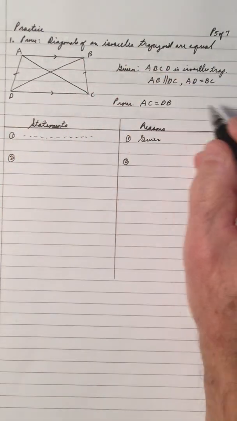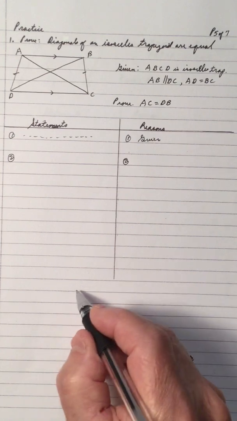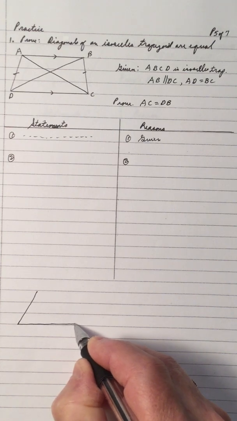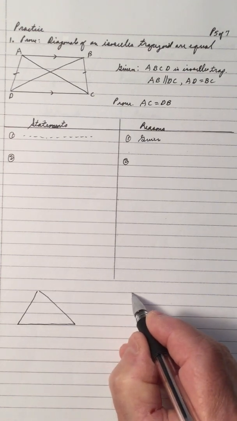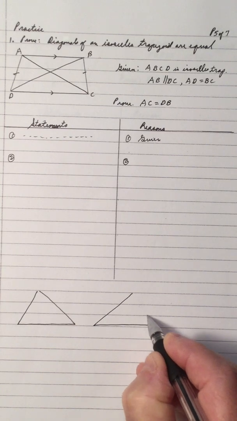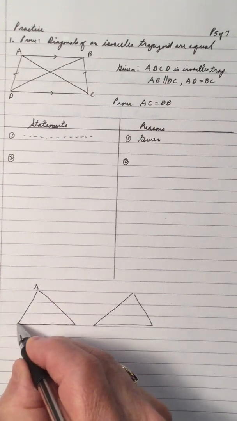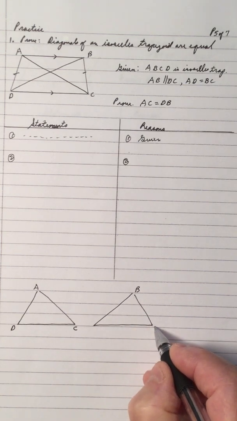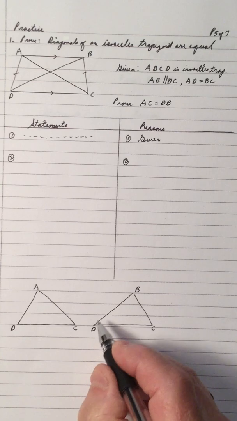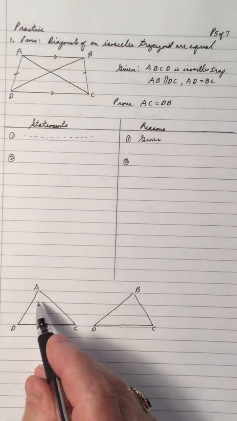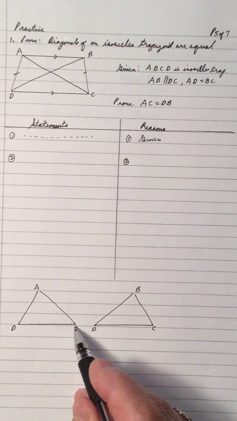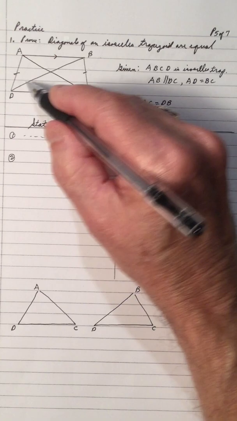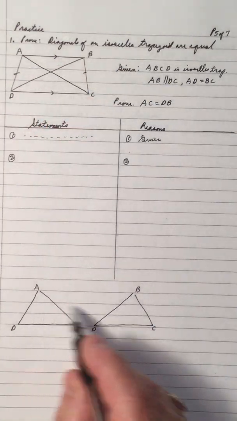Now, based on this, I'm going to separate them. I'm going to show you down right here. I'm going to draw this one. So this is ADC, and this is BCD. I'm separating these two triangles to show you that these are the diagonals, AC and BD, but the triangles are overlapping, so I'm drawing them down here.